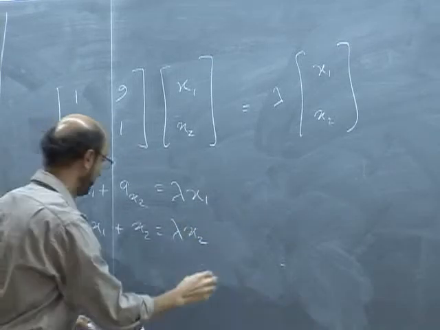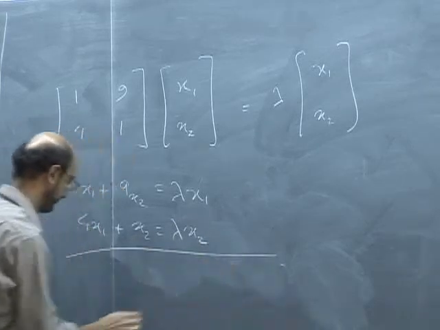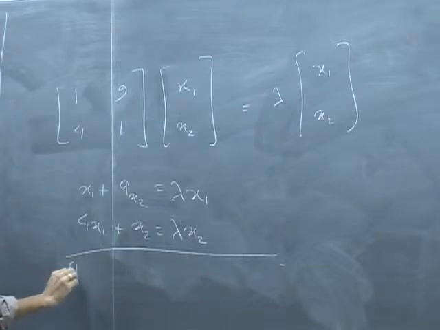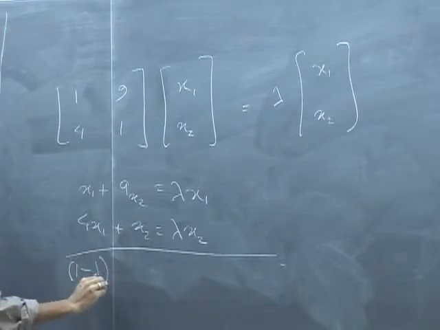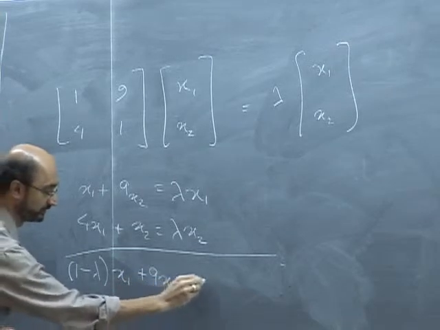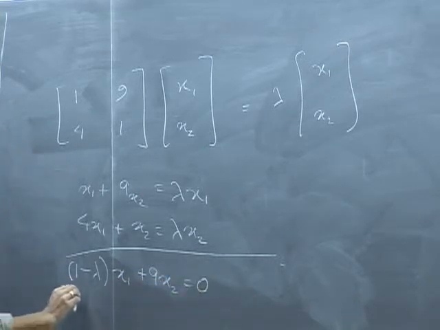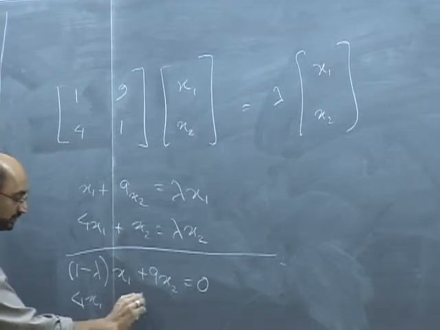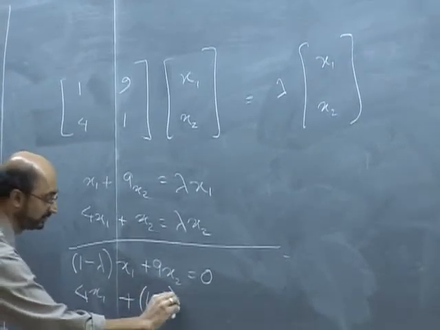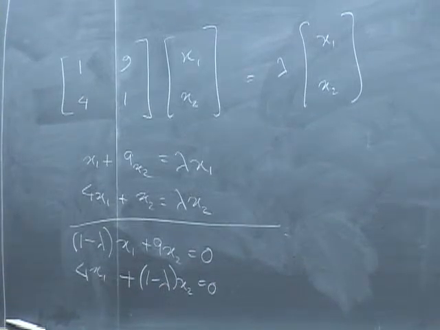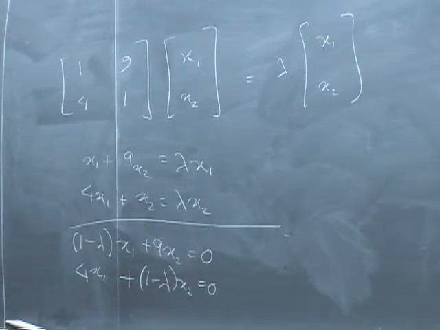We get (1 minus lambda) x1 plus 9x2 equals 0, and 4x1 plus (1 minus lambda) x2 equals 0. Again, simple math.